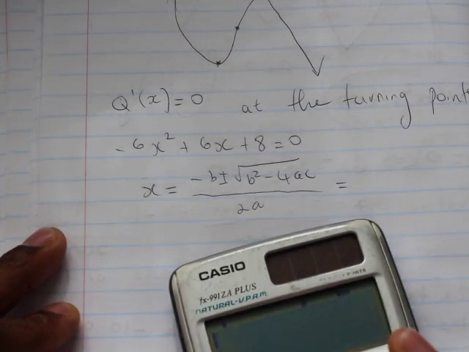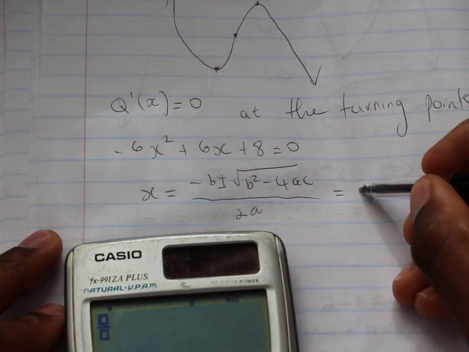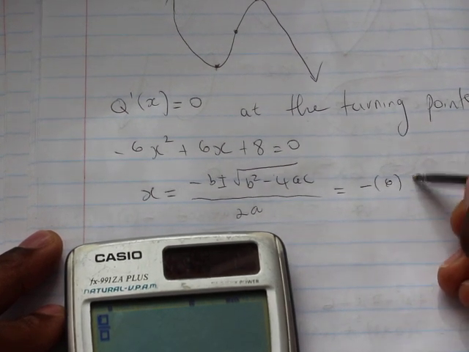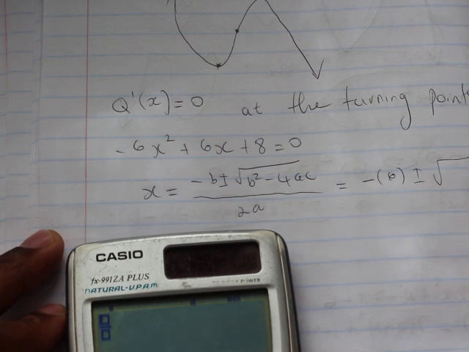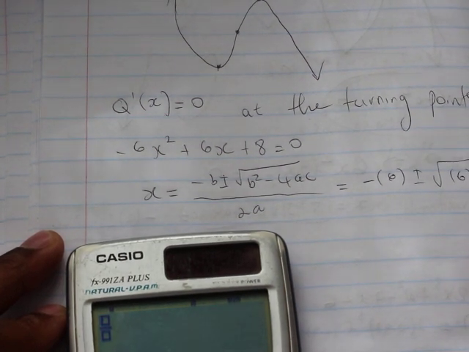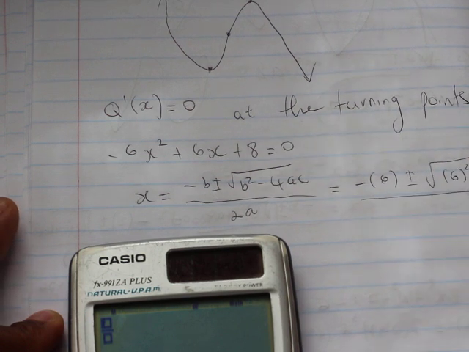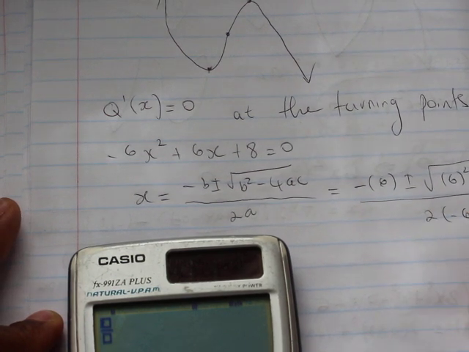So let's substitute. Minus 6 plus or minus the square root of 6 squared minus 4 times minus 6 times 8, divided by 2 times minus 6.